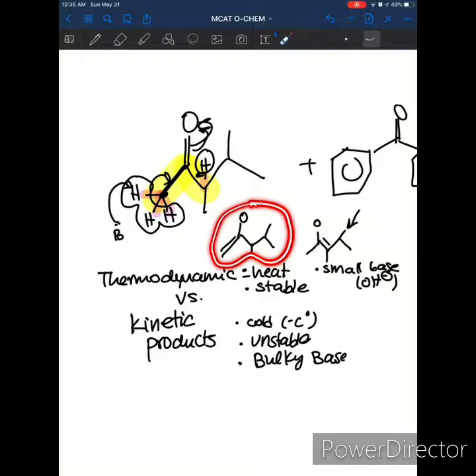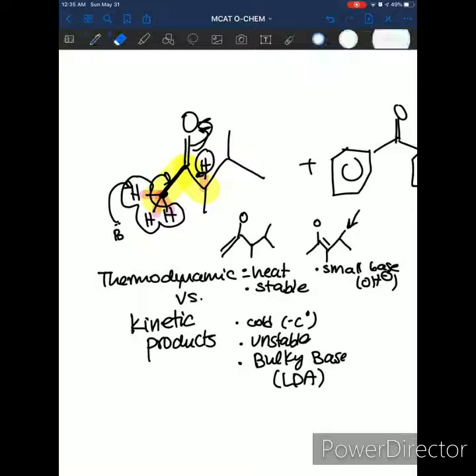In order to get this, however, I don't need a small base because this is pretty accessible. It's actually really accessible, right? So I would need something like a bulky base, something like LDA, for example, right? And let me go ahead and erase this word unstable here. I'm going to say less stable, because it is pretty stable, but it's much less stable than the thermodynamic product.